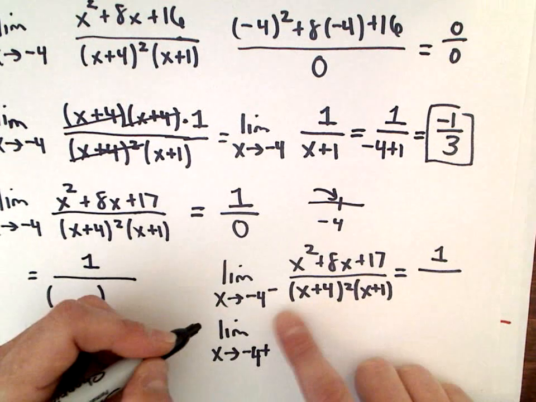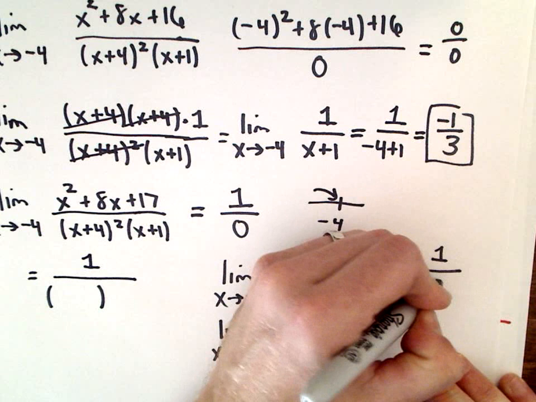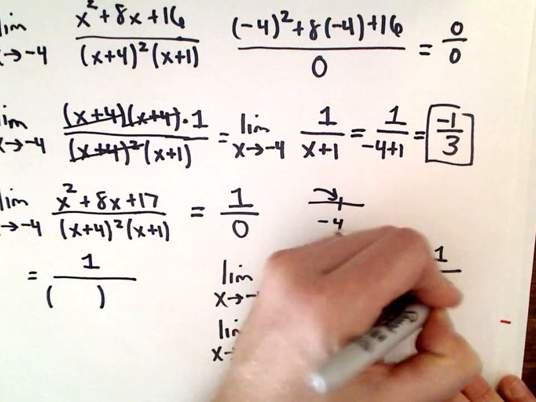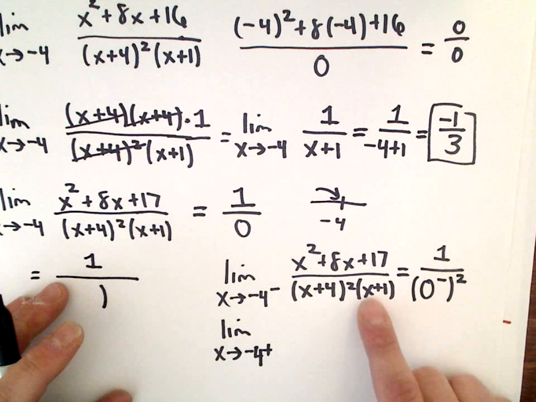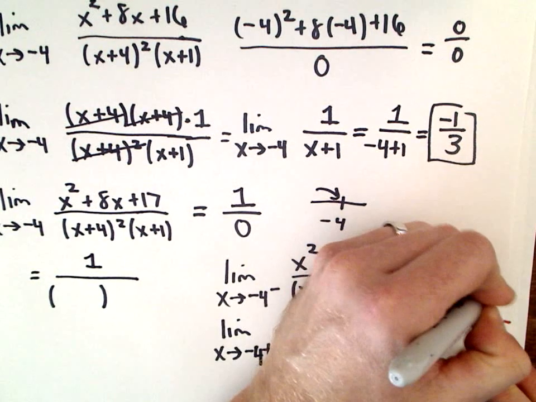In that case, I'm going to get a number that's close to 0, but it's actually going to be negative. It's still being squared. And if I plug -4 into the second factor, -4 plus 1, that's going to be -3.